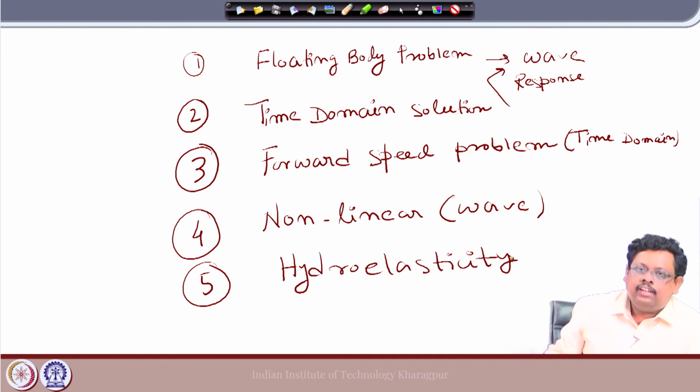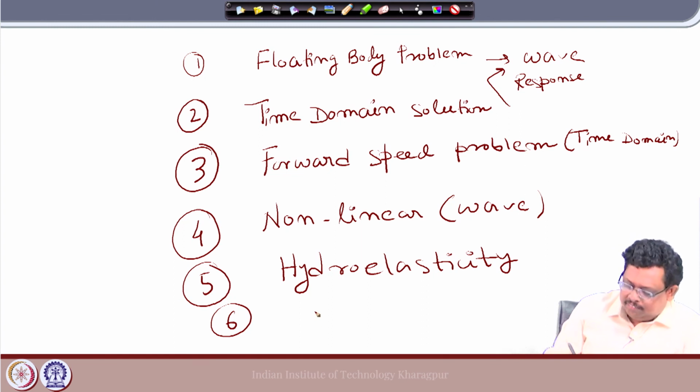Now, what is hydroelasticity? We are going to discuss that in the next slide. We have some video of the hydroelasticity, and then finally, if we get some time, of course, I wanted to do something on extreme waves.